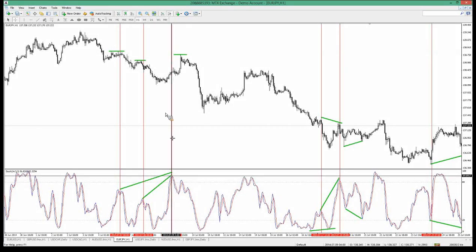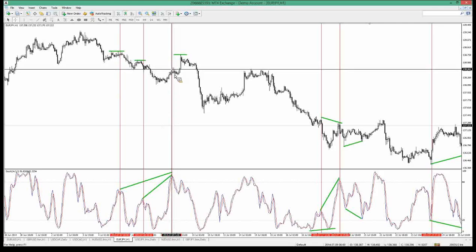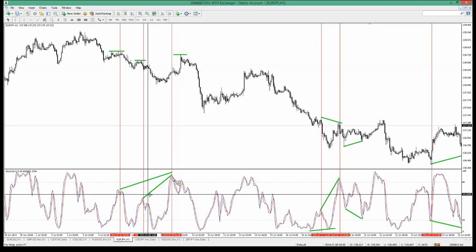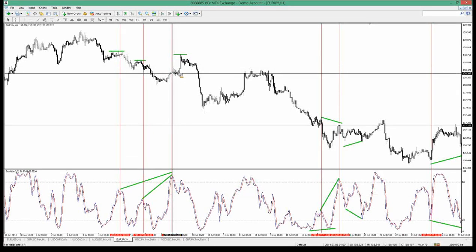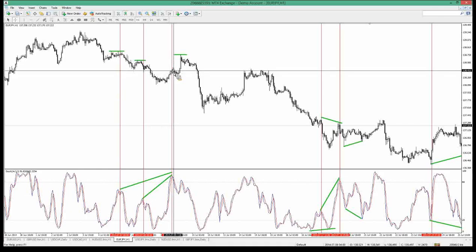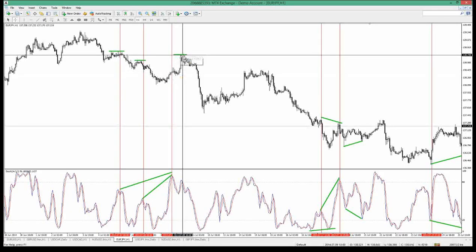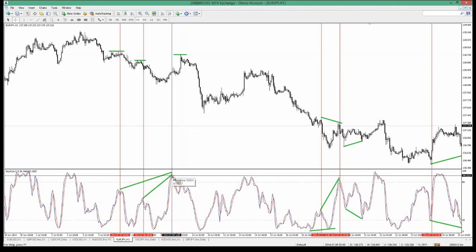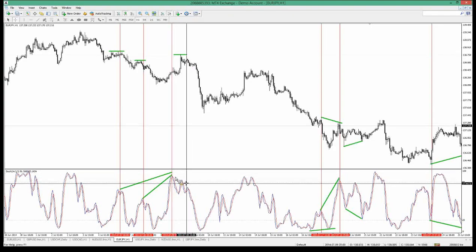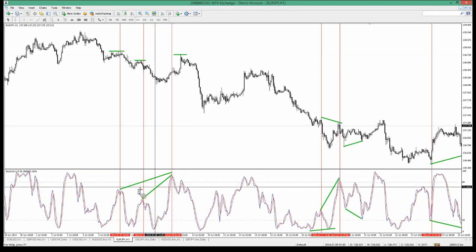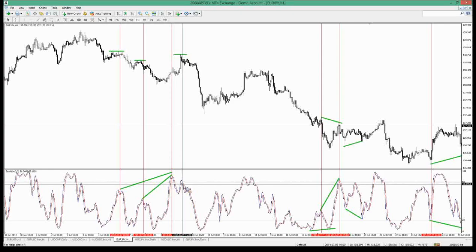See this high here corresponding there. So we're pushing up, which gives you a little bit of bearish price action. This one corresponds all the way up there. Another push up with some divergence after the reverse divergence. So you've got to play around with it a little bit.